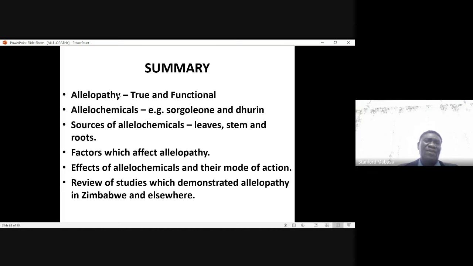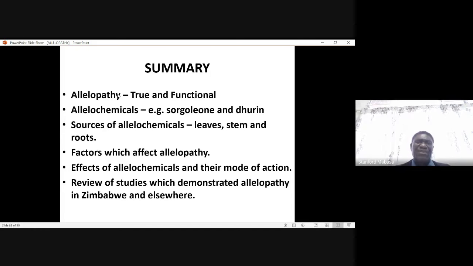In true allelopathy, we have a live plant which is producing allelochemicals. And in functional allelopathy, the plant has to die and decompose in order to produce allelochemicals.